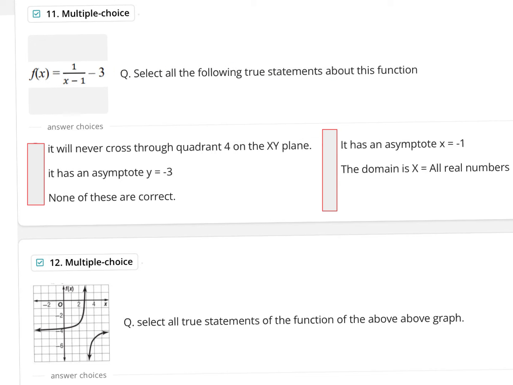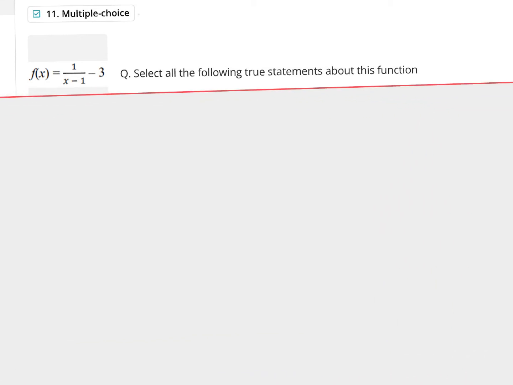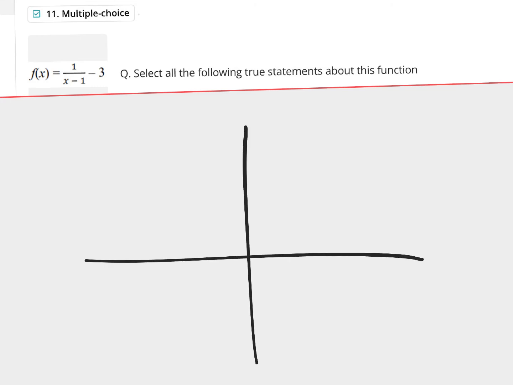Select all the following true statements about this f of x function. It says it will never cross quadrant 4 on the xy plane. Well, in order to do that, we need to graph it or sketch it. So I'm going to get some scratch paper and sketch it. What is my h value? +1, right?